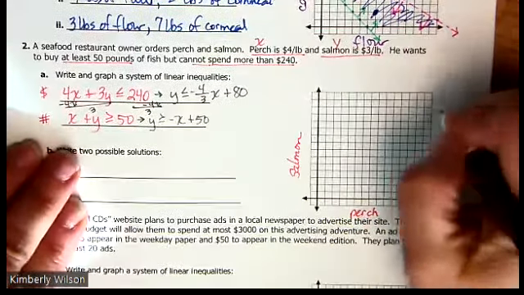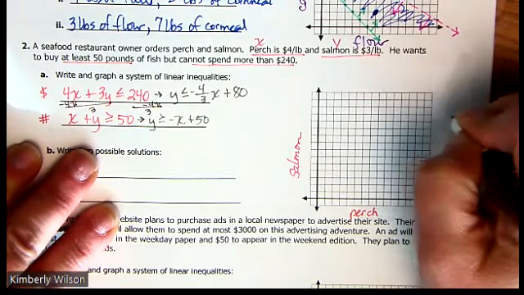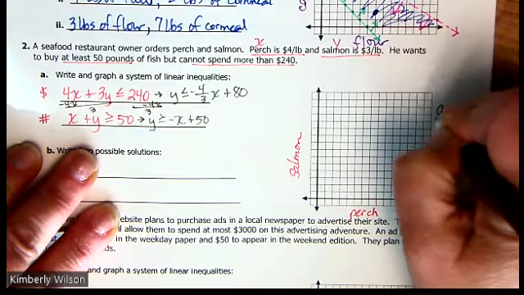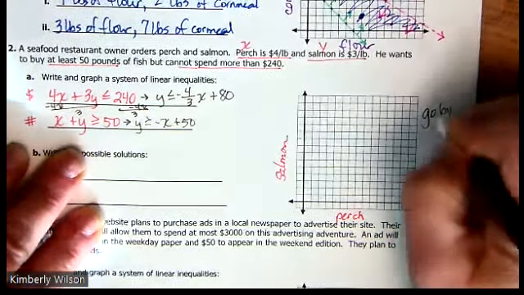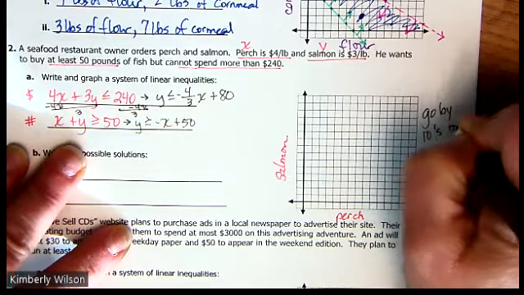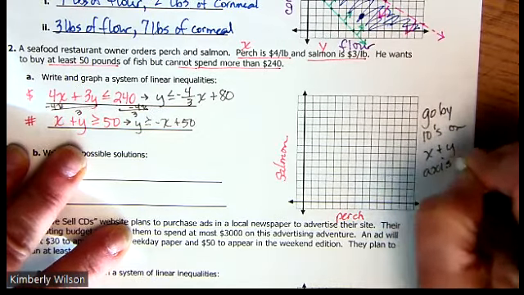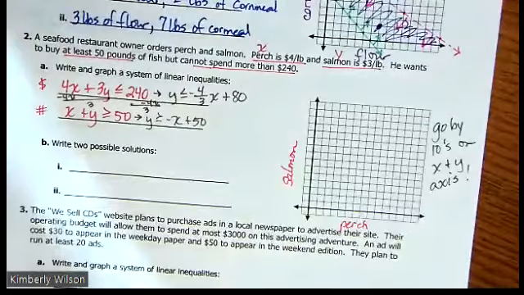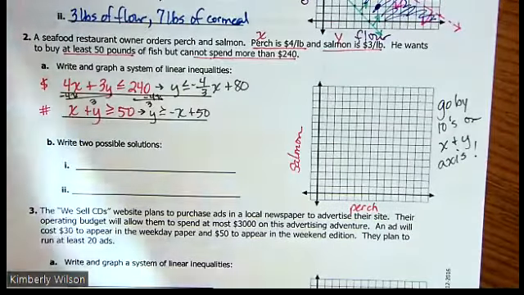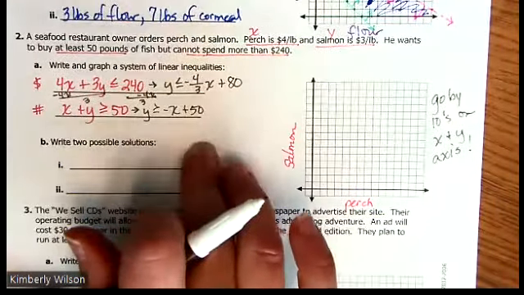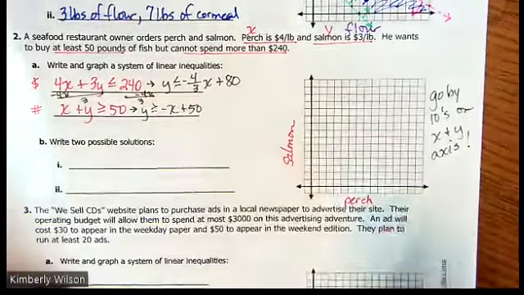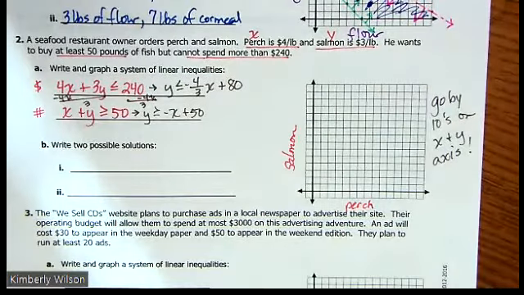I'm going to make my x and y axis go by tens. You can go by different numbers. It depends upon what your equations have. Because I can't graph ones. I don't have 50 spots. I don't have 80 spots. So I make my graph fit my problem.